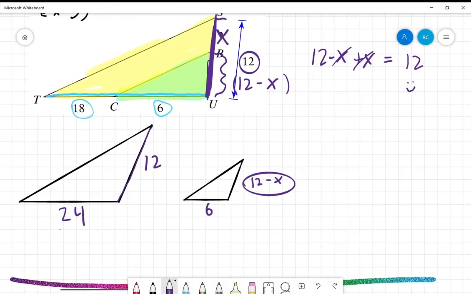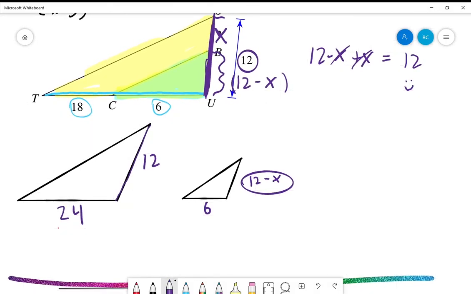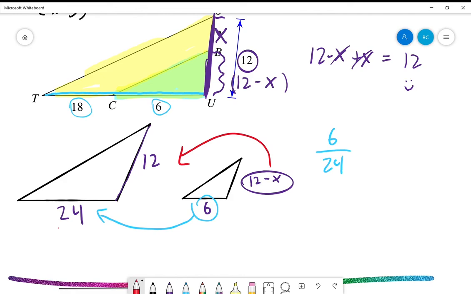And now we can set up our proportion. We can say that 6 over 24 and 12 minus X over 12 are equal.